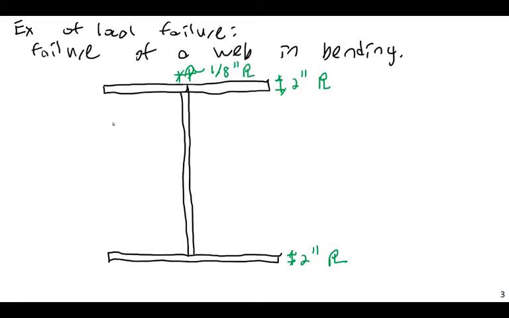And then dimensions, let's make this thing 3 feet by 12 feet. So an absolutely ridiculous KL over R on this thing, at least on the web there. Maybe this is 12 feet high, just a massively tall section.